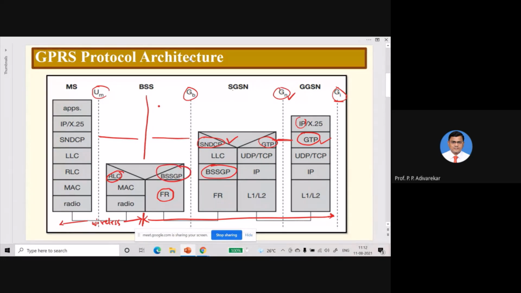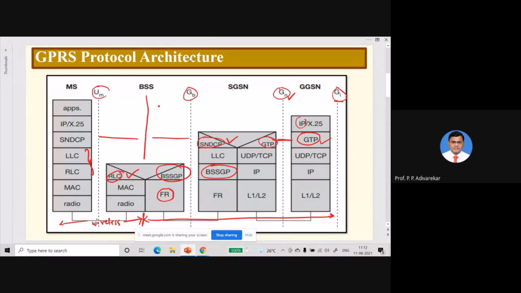So we will see details of all these protocols. Then RLC, as the name suggests, is radio link control, which is responsible for wireless interface communication with the logical link, which means LLC and RLC will work together, and the RLC of the mobile station also. So this is how the communication will happen.